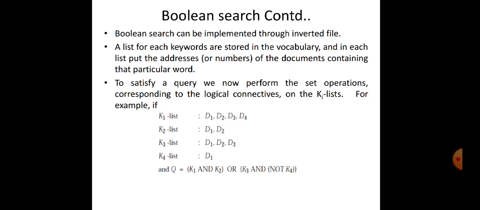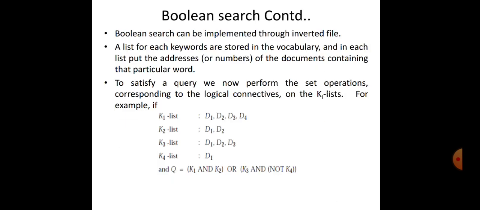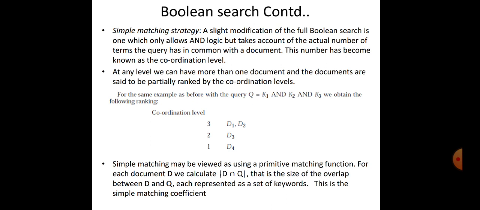So coordination level 2 means the D3 document has two common terms, K3 and K1, from the query.